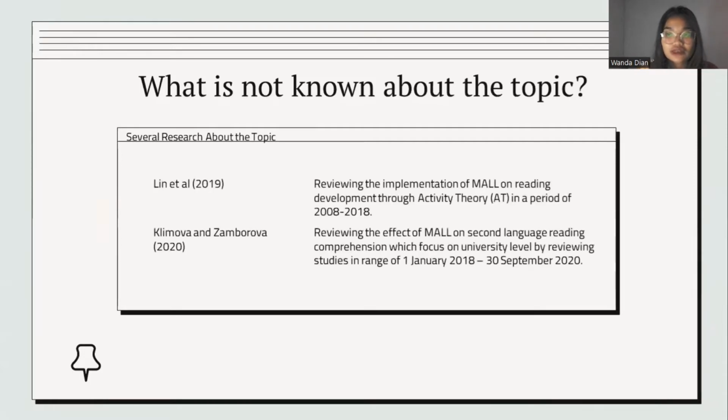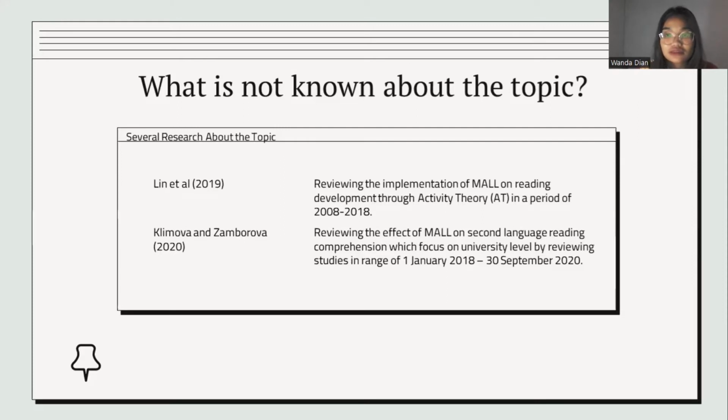So the first expert has conducted a study. Lin et al. 2019 conducted a study reviewing the implementation of MOL on reading development through activity theory or AT in the period of 2008 until 2019.